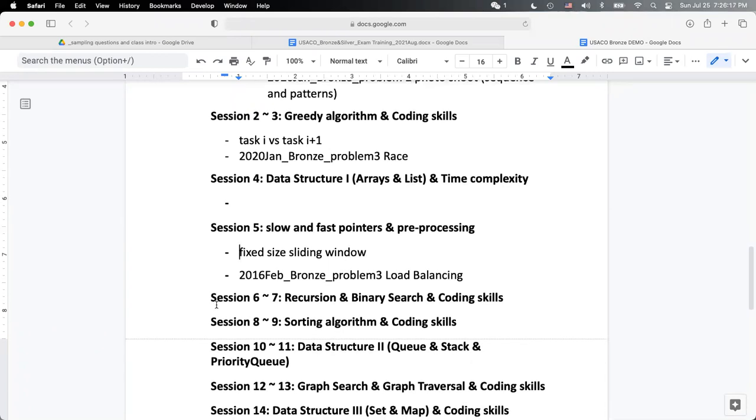So I would say session 5 with the slow and fast pointers is a very good topic to build up your coding skill. You will not necessarily expect a use case just for slow and fast pointers in USACO Bronze.